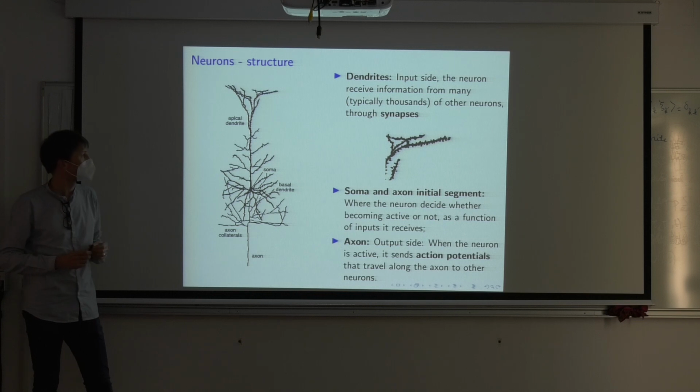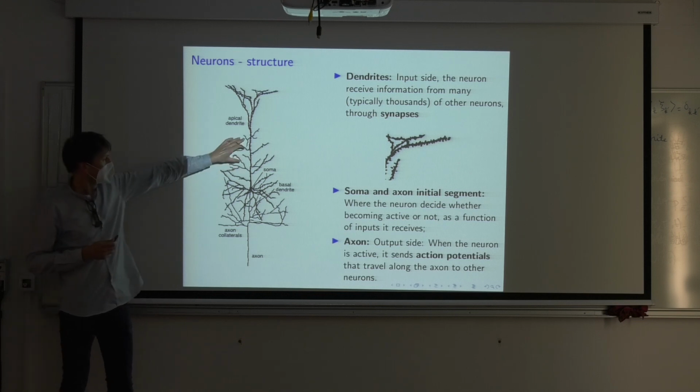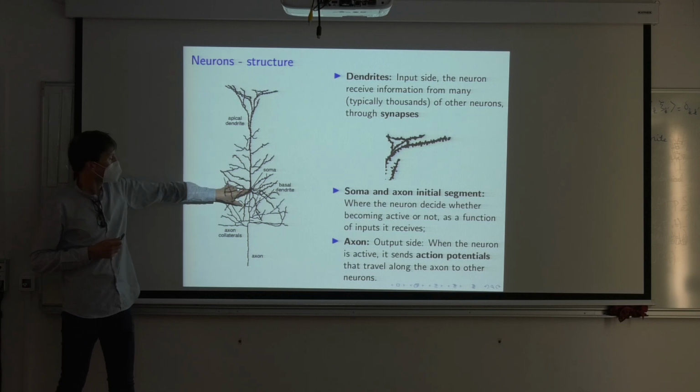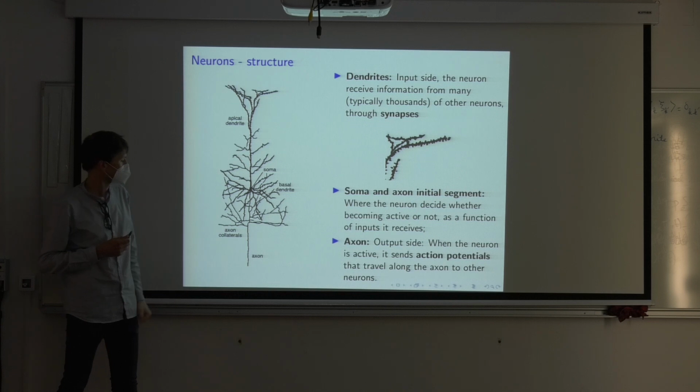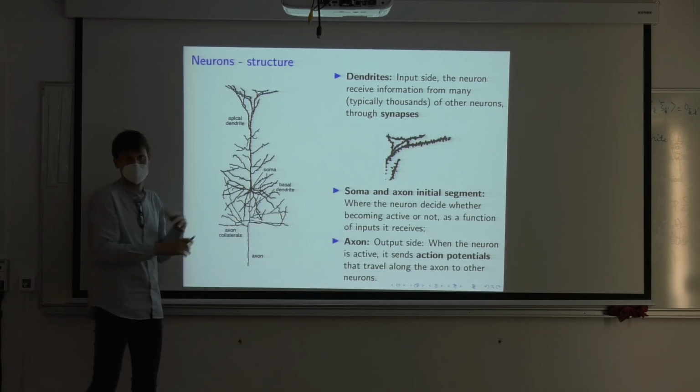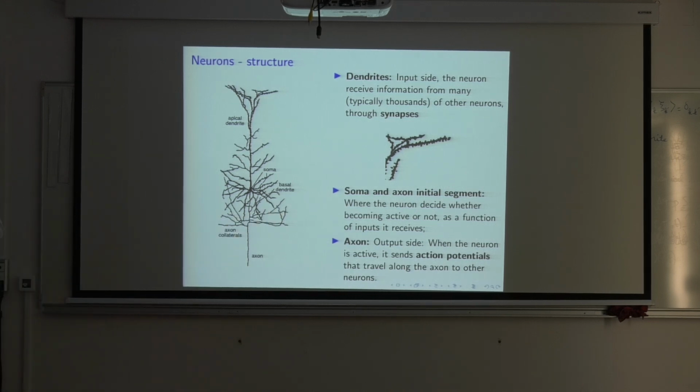So again, these numbers are approximately 10,000 inputs. Then you have the soma, the cell body, where you find the nucleus. And then you have the axon, that's the output side. That also branches, and the idea is that you connect many of the neurons nearby.